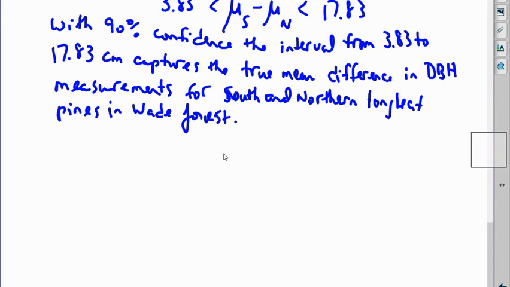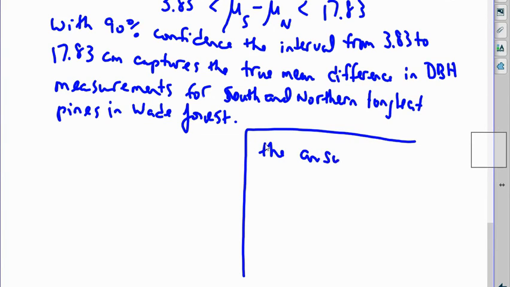Okay, and then if I want to do this with technology, you're going to notice that I'm going to get a different answer. So the answer with tech, which I'll do in just a moment, comes out as a confidence interval of 2.573, 19.09.